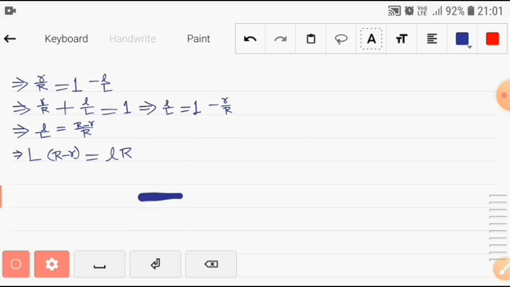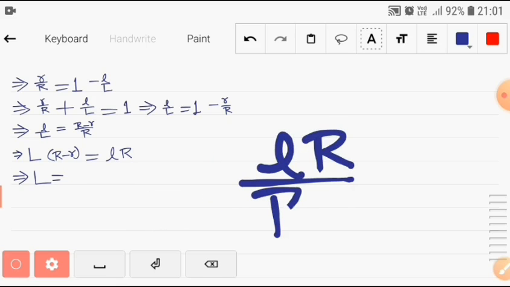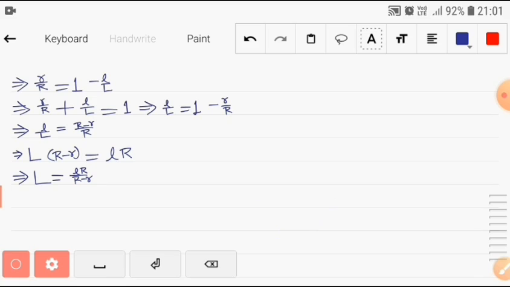Last line, this means L is equal to lR by R minus r. This is the second result we get.